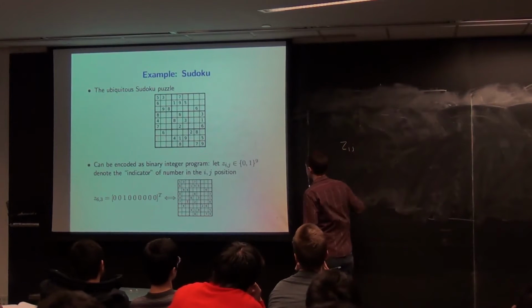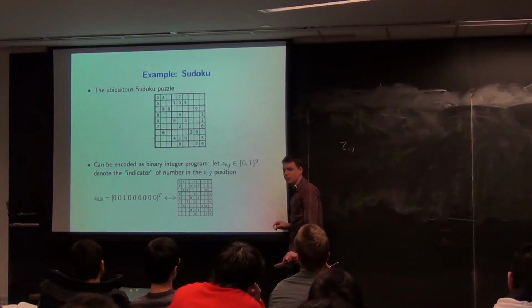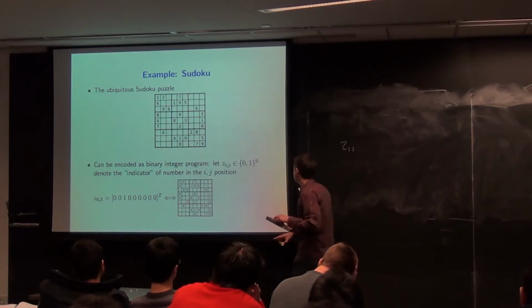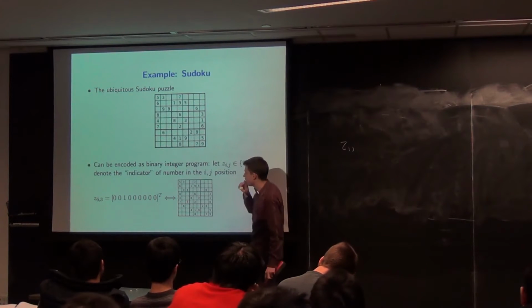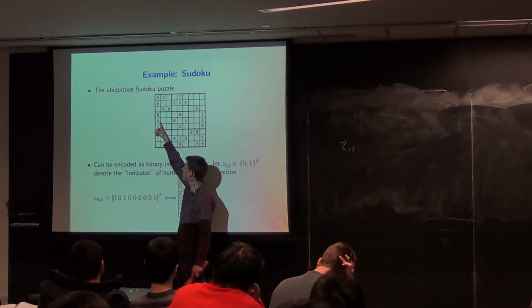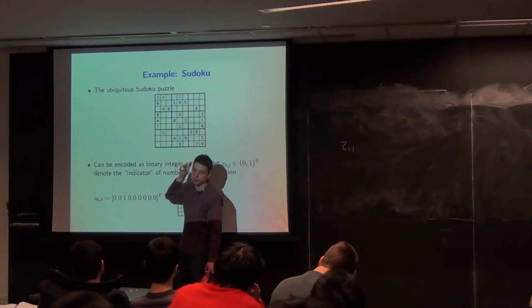Zij is itself going to be a 9-dimensional binary vector. You can think of this as the indicator function of what number is in the ith row and the jth column in this board.